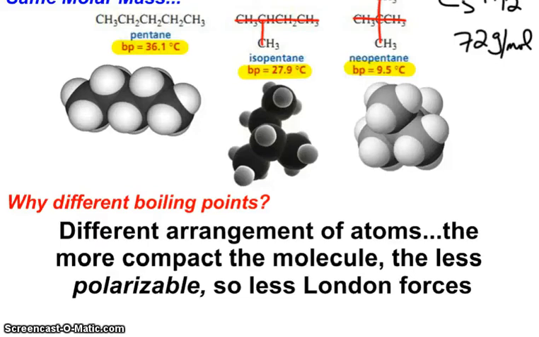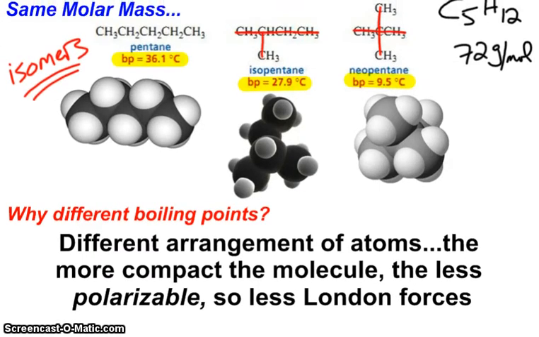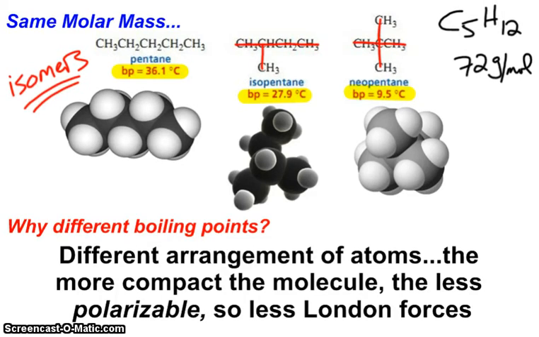The AP exam loves to use this. They might put a couple of different molecules and ask why the boiling points are so different. So again, this is when we're talking about isomers. We have all 3 C5H12s, and we can see the difference in boiling point because of the polarizable factor.